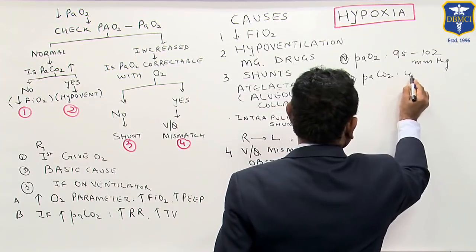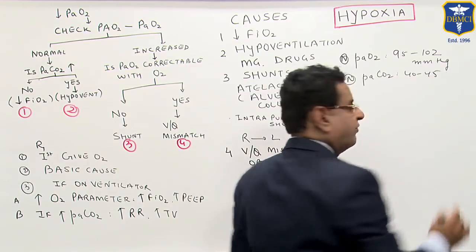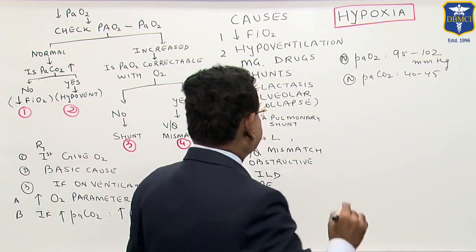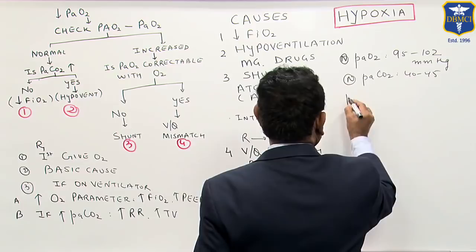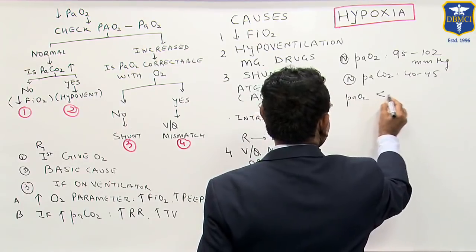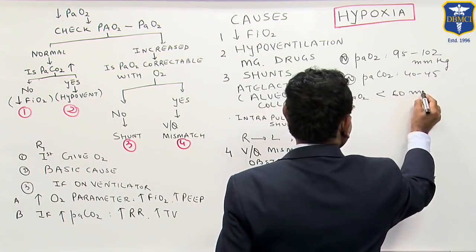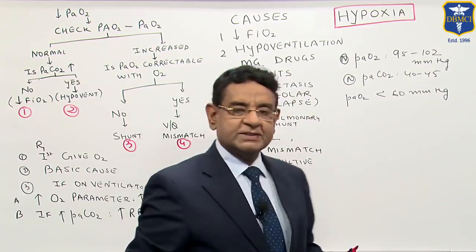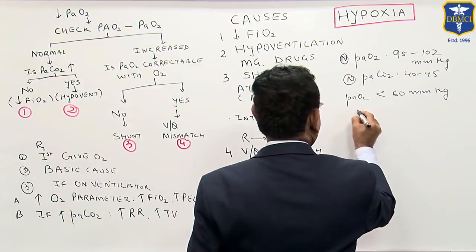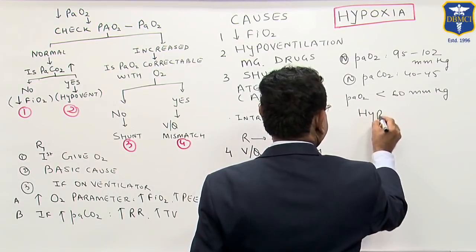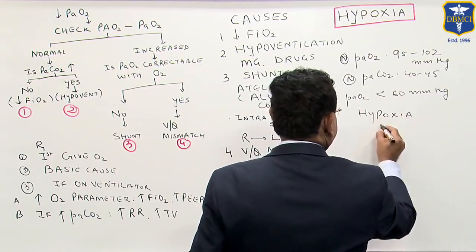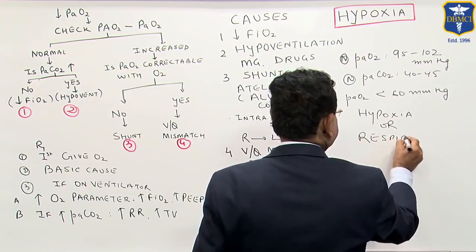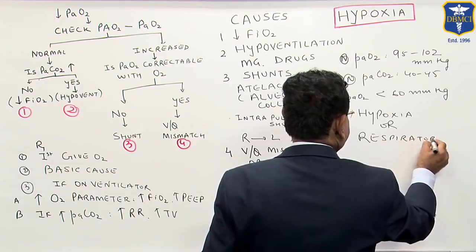PaCO2 is 40 to 45 millimeter of mercury, and whenever PaO2 goes to below 60 millimeter of mercury, we call it either hypoxia, or we also call it respiratory failure.